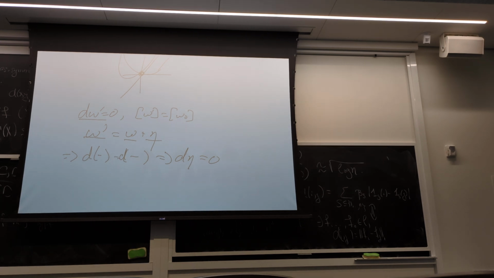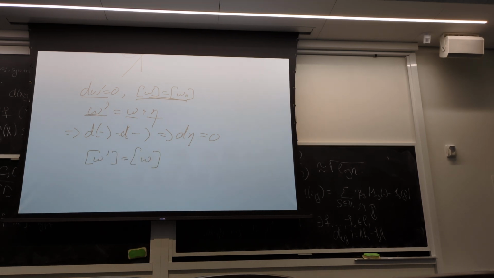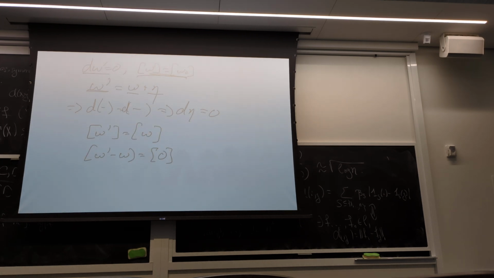So already this means that we can't choose an arbitrary variation, right? But moreover, we want this to be a fixed cohomology class. So what that means is that this variation, omega prime, should be in the cohomology class of omega. What that means is that the class of omega prime minus omega is going to be the 0 class, so this is the class of eta.